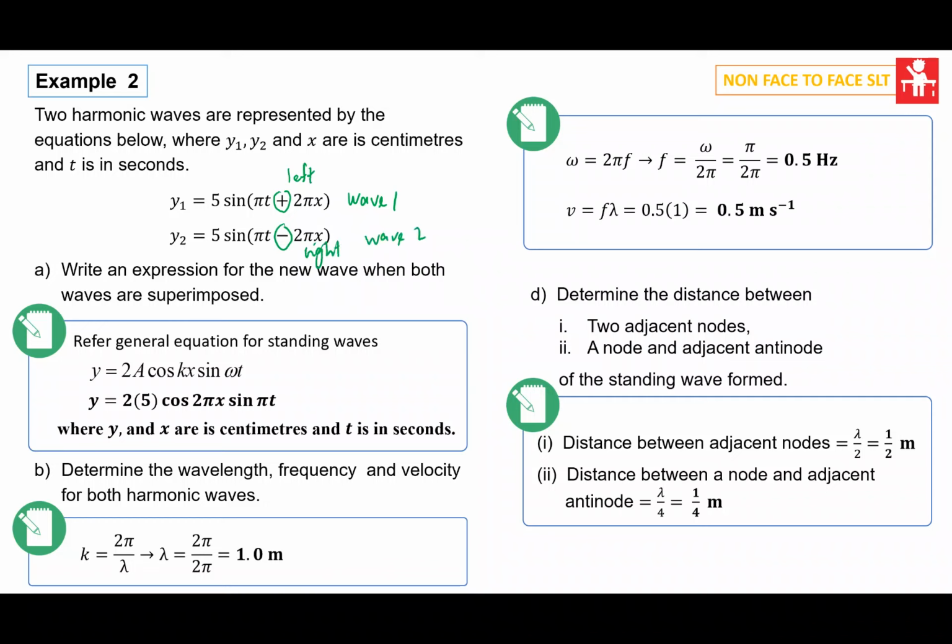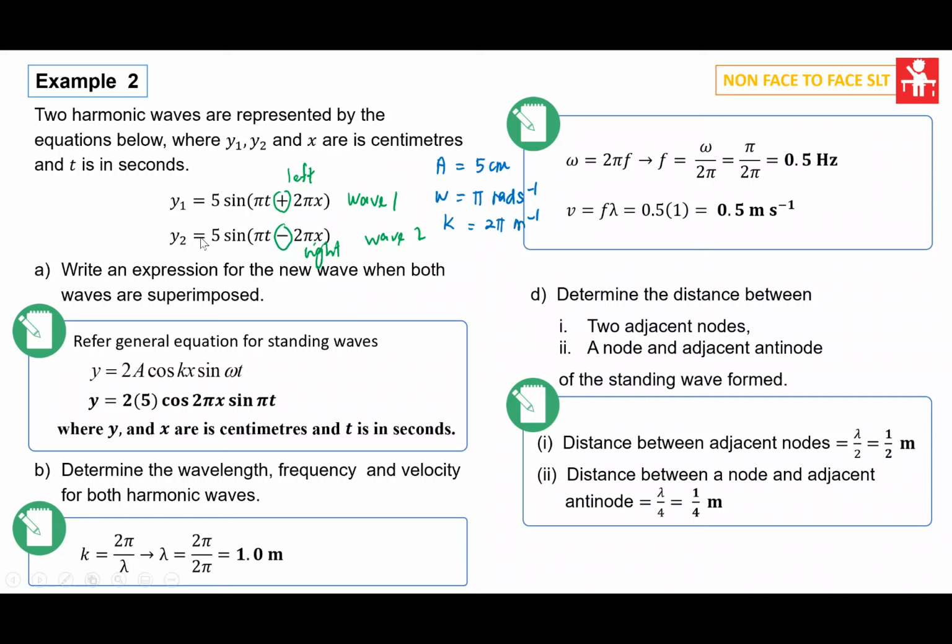Okay, so from these equations, you can extract some important information. From the question, I got A, which is 5 cm. Next to t is omega, and I got its value as pi radian per second, and I got k, which is 2 pi per meter.